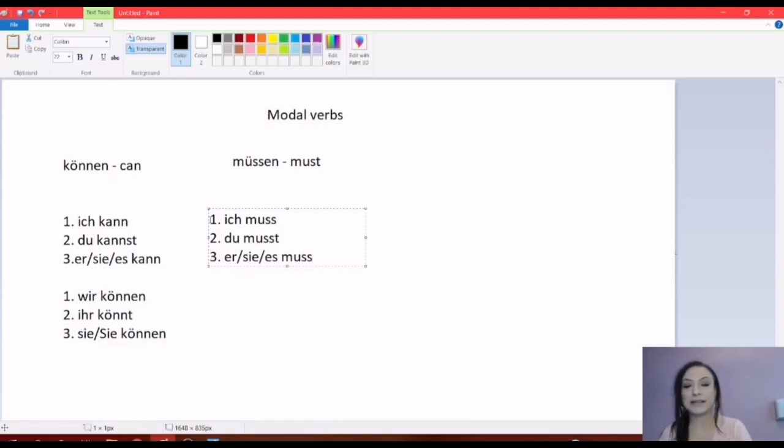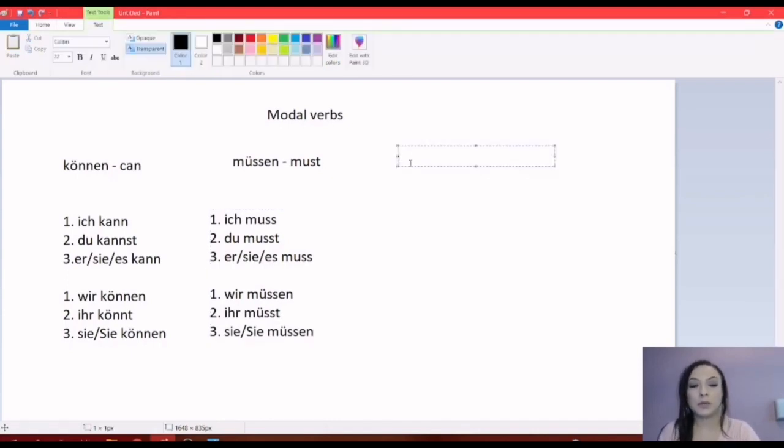The second one has -st, or in this case just -t, because there are already two letters s, and there is no umlaut. We don't say ich müss, we just say ich muss. Plural forms are regular, so wir müssen, ihr müsst and sie müssen.